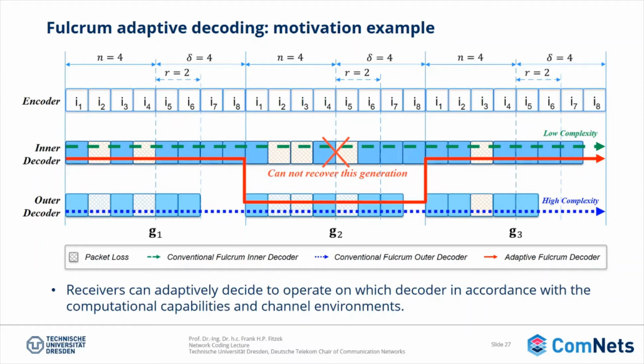As you can see from the red line, the number of received coded packets is enough to decode with binary field size in generation G1. But the adaptive decoder automatically switches to decode with a higher field size in generation G2 because the channel environment has changed, and comes back to decode with binary field size in generation G3.